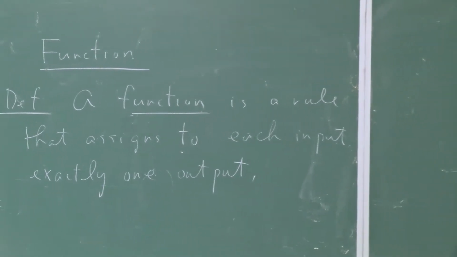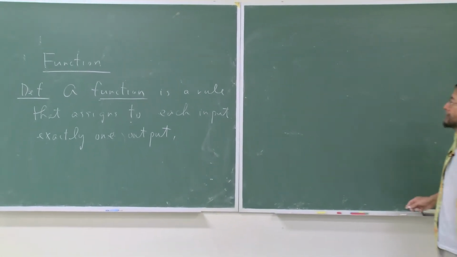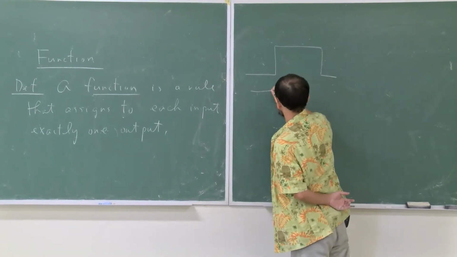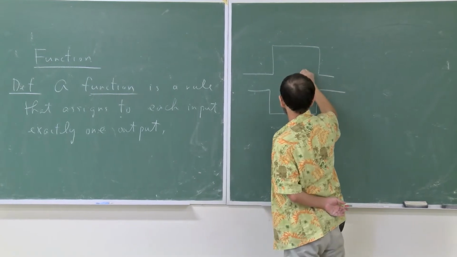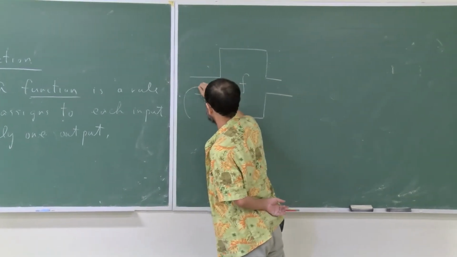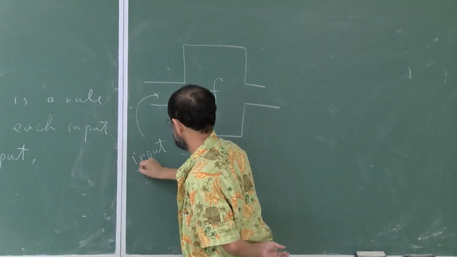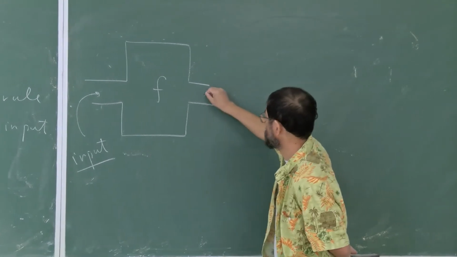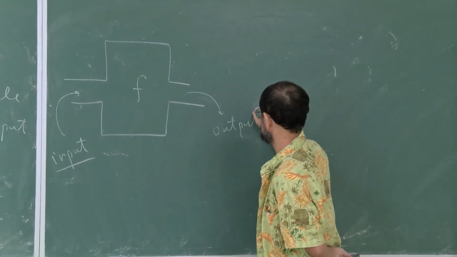The good way to understand a function is to view it like a black box or like a machine. Let's call this function f. You put something into this machine as an input, and then this machine returns something called output.